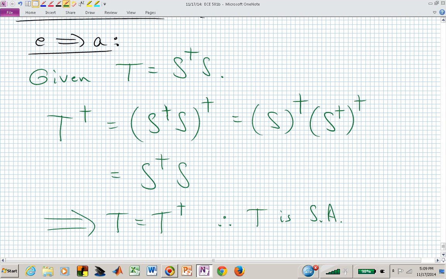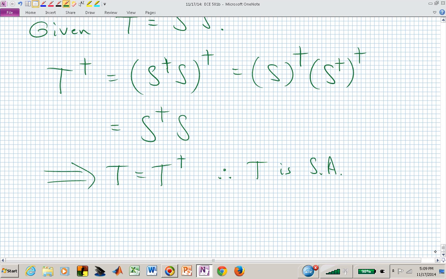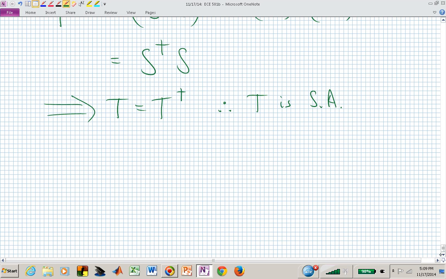We need it to be self-adjoint, and we need it to have this certain inner product non-negative nature. We've now found the first piece of T being positive. Now let's find the second piece. We now can examine TV, V's inner product.